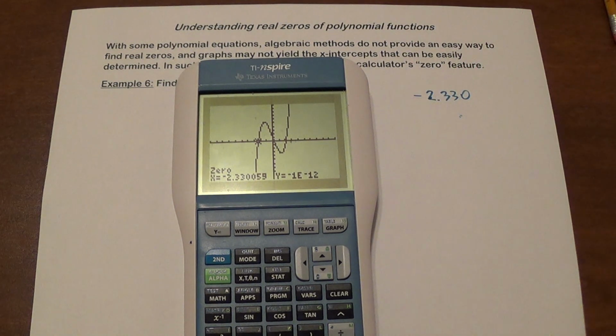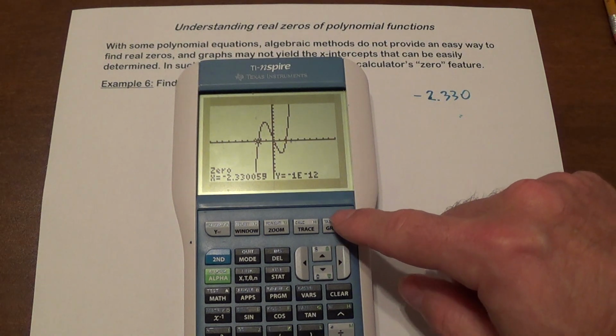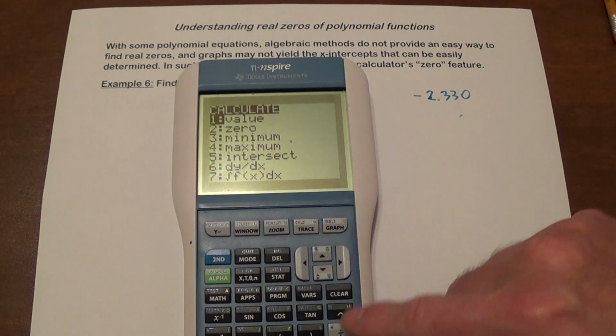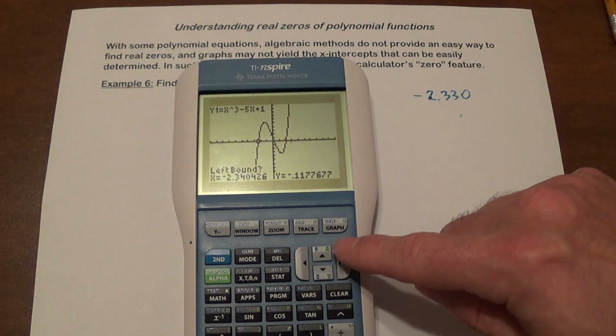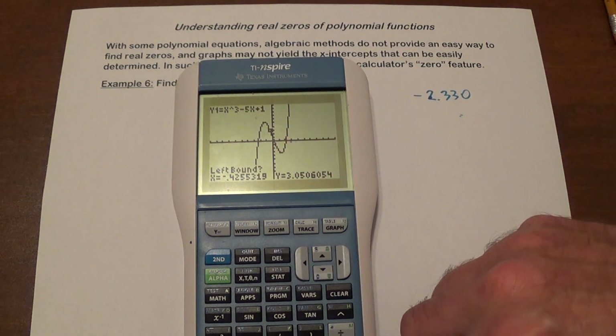Then to find our next real zero, we're going to do the same thing. Second calc, option 2, then go to the left of that point somewhere here.